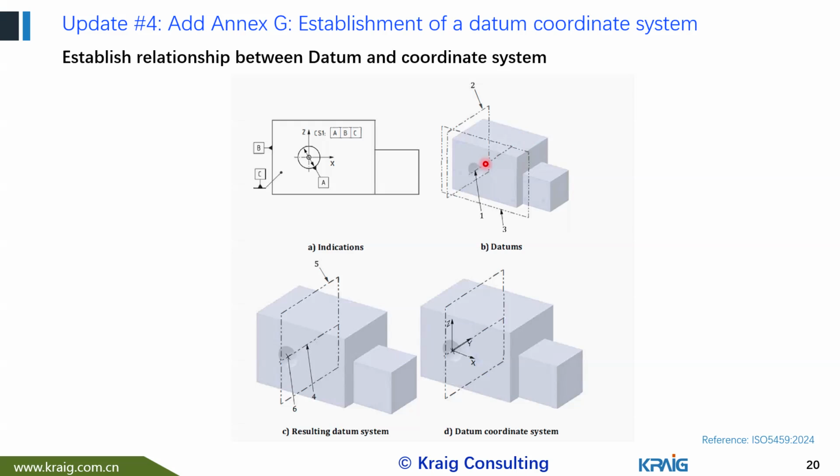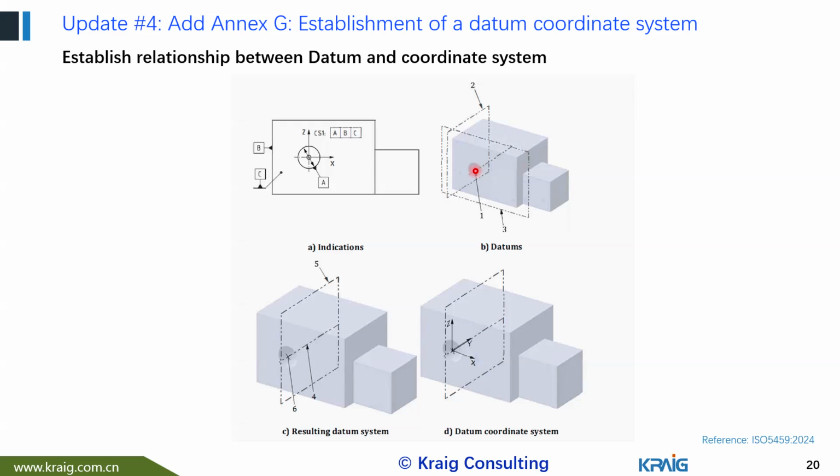And this point is established from datum C. Datum C should be vertical to this axis and vertical to datum B, and then you get a point.